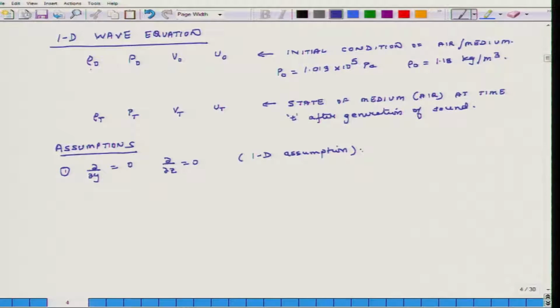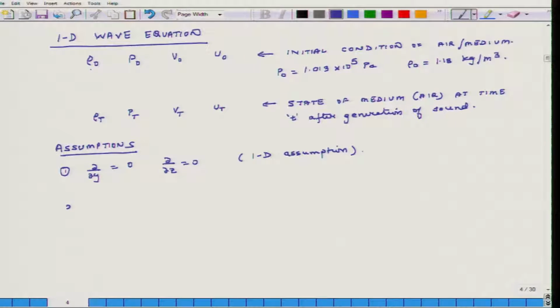Here we are assuming that this 1D propagation is in the Cartesian frame, which is why I am using x, y, z coordinates. Otherwise, I could have chosen r, phi, theta or some other coordinate system. But here we are going to develop wave propagation in one dimension corresponding to the Cartesian frame of reference.